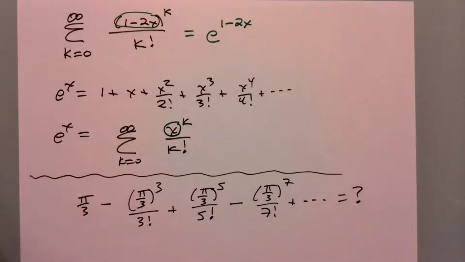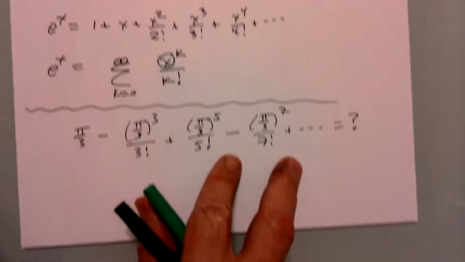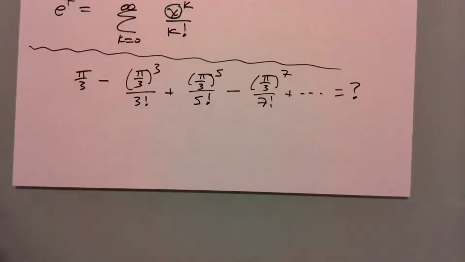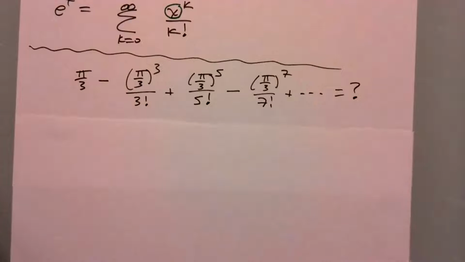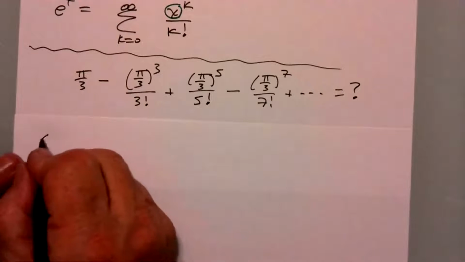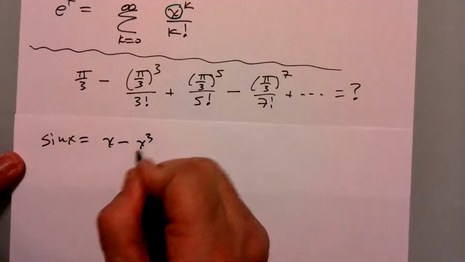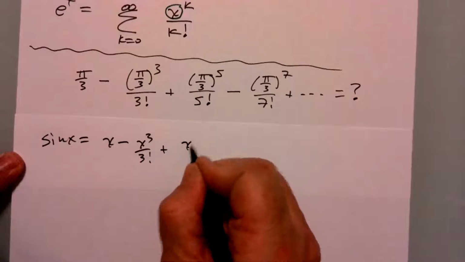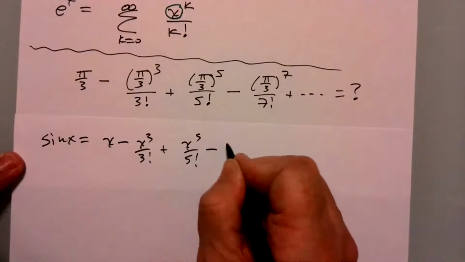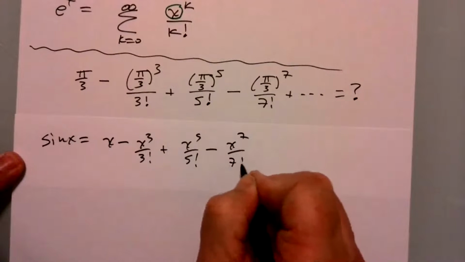All right, Hal is telling me sine of pi over 3. Do we know what sine of pi over 3 is? Connor's telling me root 3 over 2. Yes, indeed. That's right. So nice work, folks. To remind you of the process there, you want to go ahead and memorize that sine function. So sine of x is x minus x cubed over 3 factorial plus x to the 5th over 5 factorial minus x to the 7th over 7 factorial.